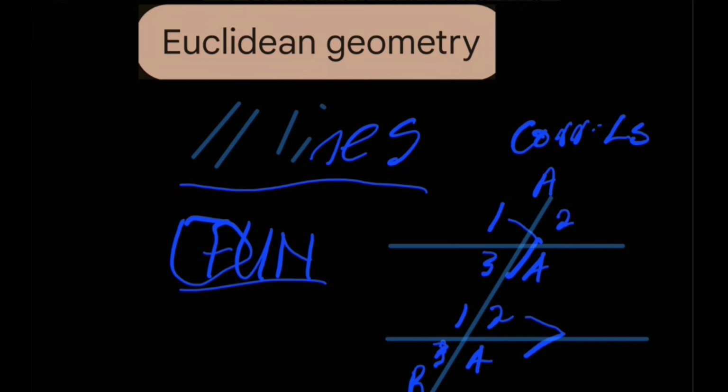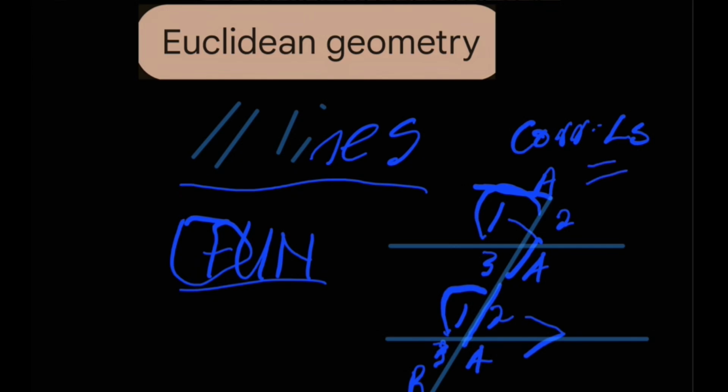Corresponding angles look something like this angle and that angle over there. Those are corresponding angles because this angle forms an F shape with that angle over there. So this leads to them being equal, because corresponding angles are equal.